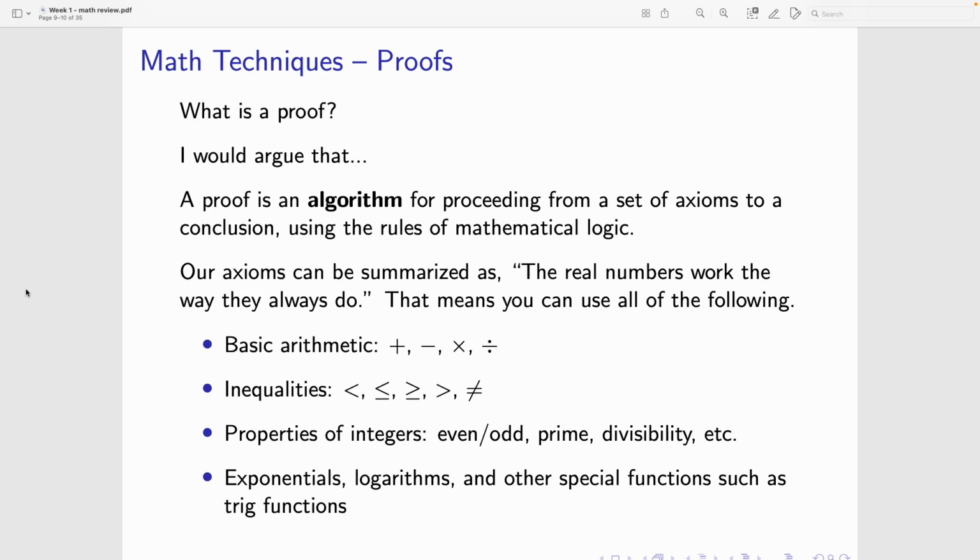In this course, our axioms, the things that we're assuming are true in order to get to our conclusions, is basically the entirety of the elementary and high school math curriculum. Basic arithmetic works as you'd expect, inequalities work as you'd expect, the properties of integers are what you expect, and we also have access to exponentials, logarithms, trig functions, stuff like that.